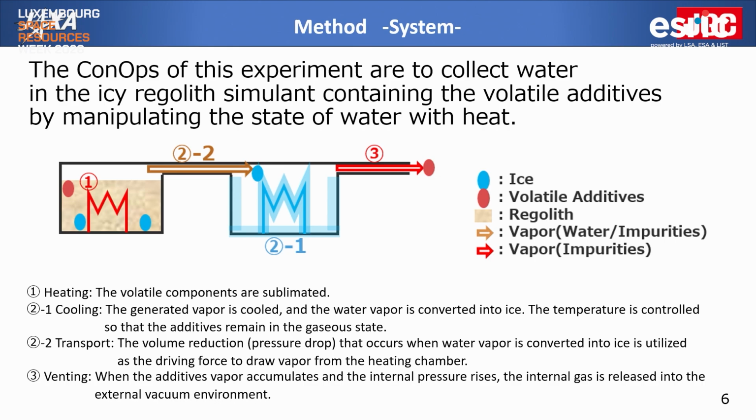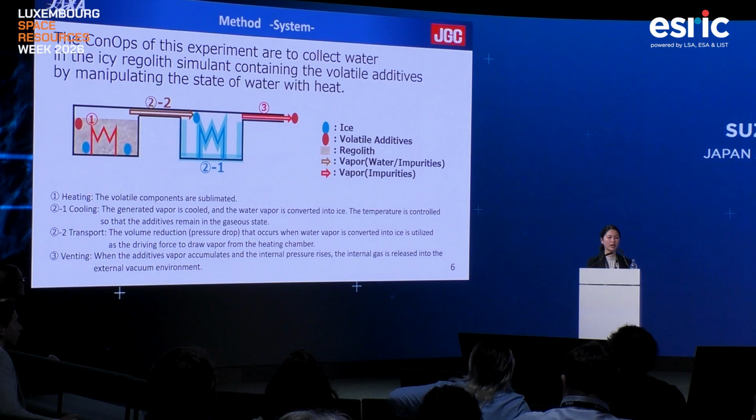So the concept of this experiment is to collect water in the icy regolith simulant containing the volatile additives by manipulating the state of water with heat. First, in the left box, it is the mixture of regolith simulant, water, and volatile additives.